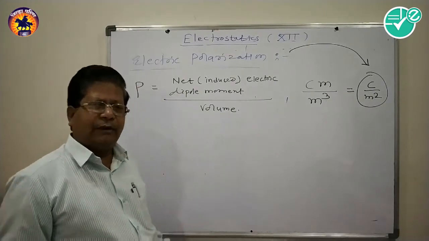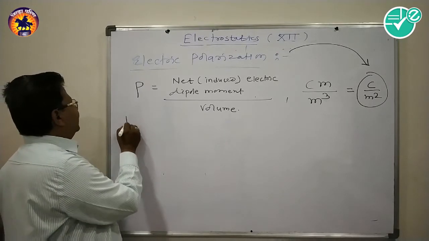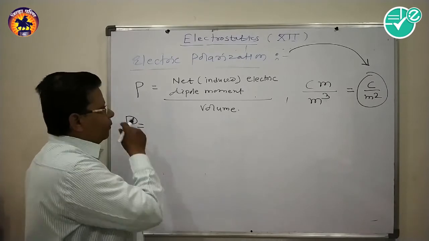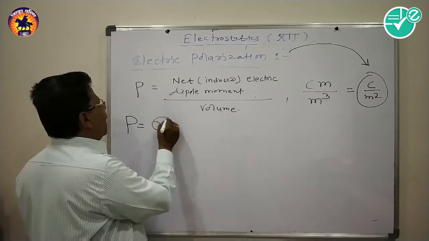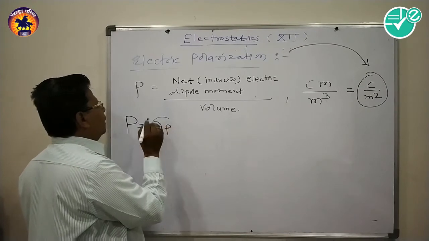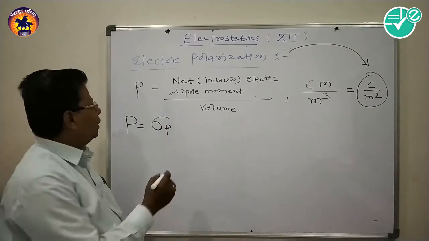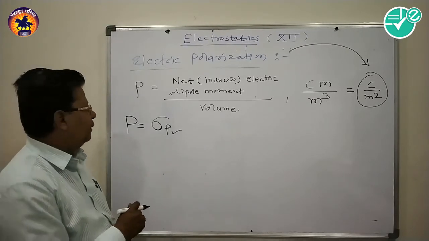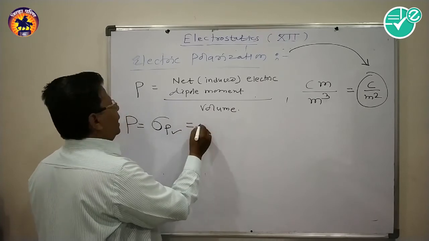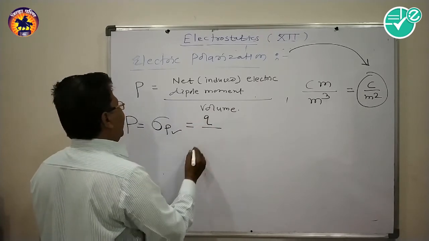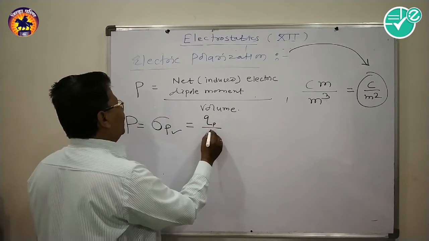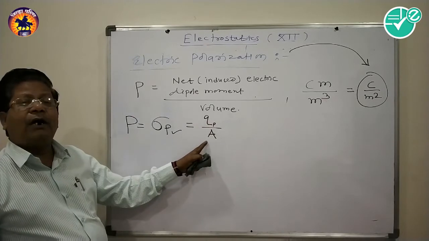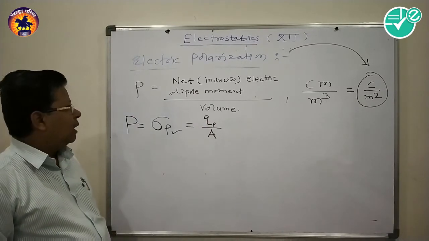This electric polarization can also be defined as sigma P, that means the charge density of polarization charges, which can be written as QP divided by A, polarized charge per unit area.